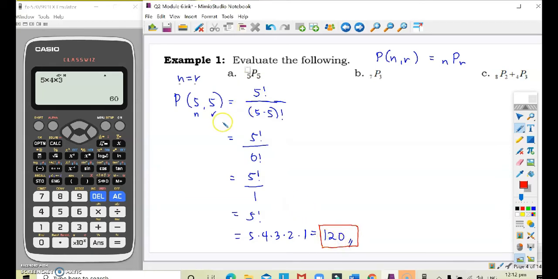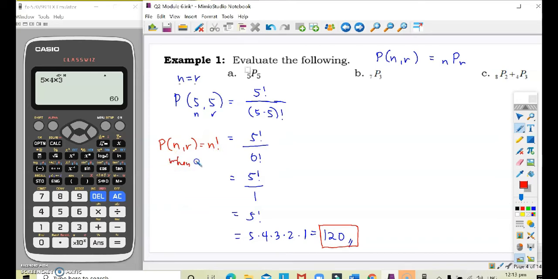But let's take a closer look at this scenario. Since N is equal to R, the denominator will always be 0 factorial. That will always give us a denominator of 1, leaving us the numerator to solve, correct? So we can say that when N and R are equal, we can simply get N factorial.